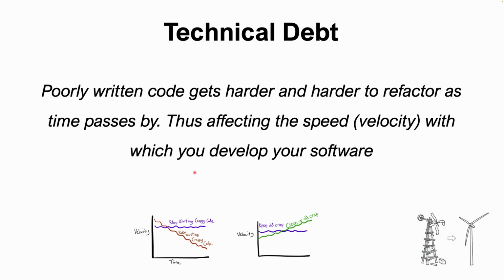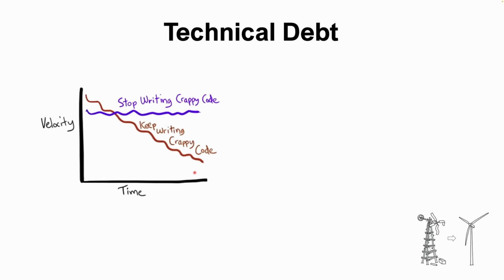And we have these illustrations down here, and let's have a look at what they try to illustrate. So first off, if we look at the first illustration, we can see that we have the velocity on one axis and we have the time on the other one. And if we look at the red line there, we can see here, keep writing crappy code.